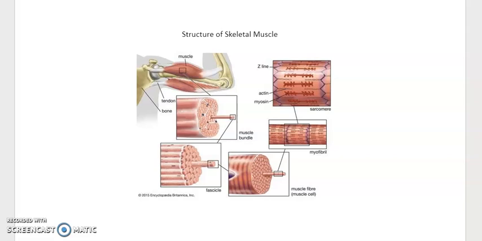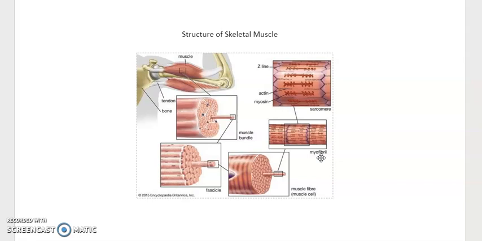Inside of the myofibril, we're going to find sections called sarcomeres. These sarcomeres are divided by these positions called Z-lines. Z-lines run vertically, whereas these other components called bands are going to run horizontally.